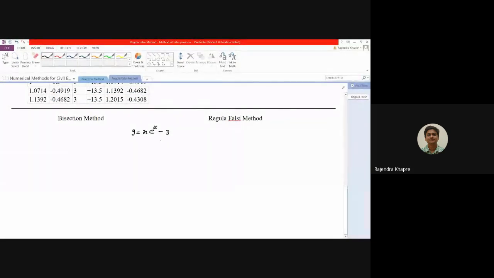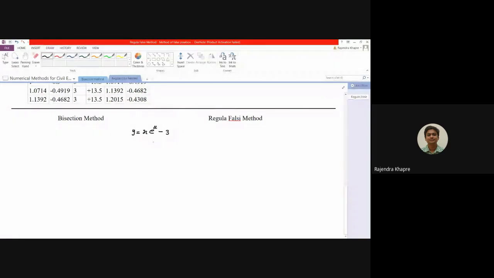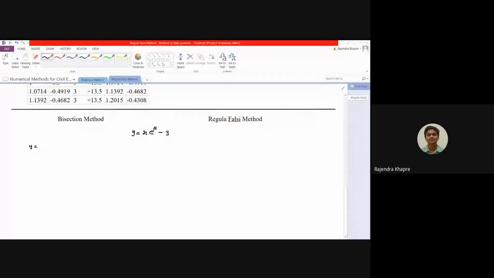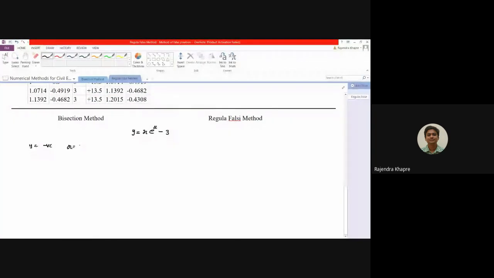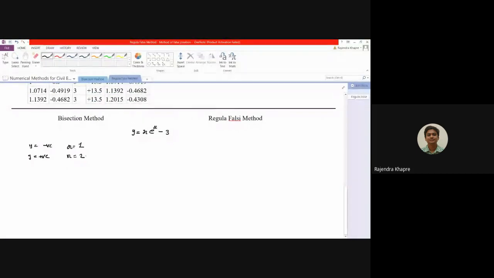Just to start with, I'll give you a hint: the value of y is negative when x is 1, and the value of y is positive when x is 2. This means the actual root lies between 1 and 2.